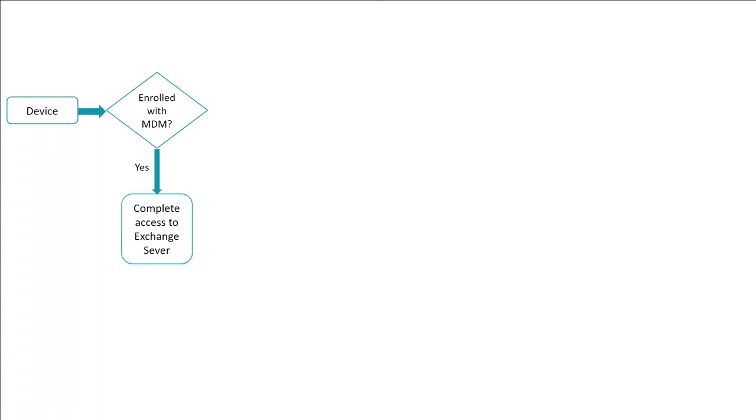Now, when the device tries to access your Exchange server, MDM will check to see if it is a managed or an unmanaged device. If in case it is a managed device, then it gets complete access to the Exchange server. However, if it is an unmanaged device, then MDM will check to see if it is an existing device that was already accessing the Exchange even before the policy was applied.